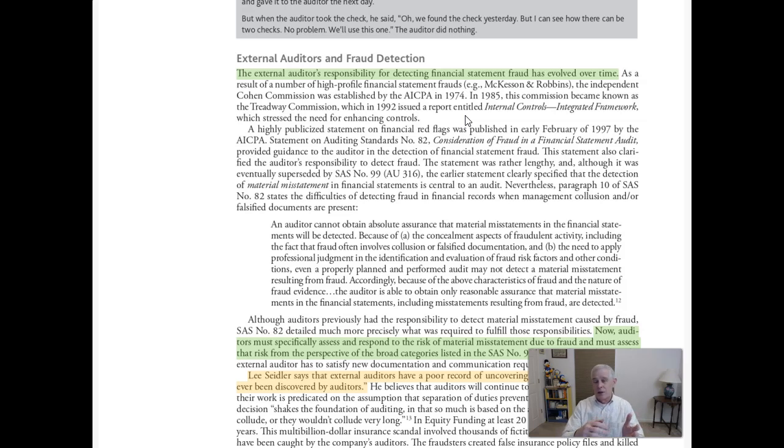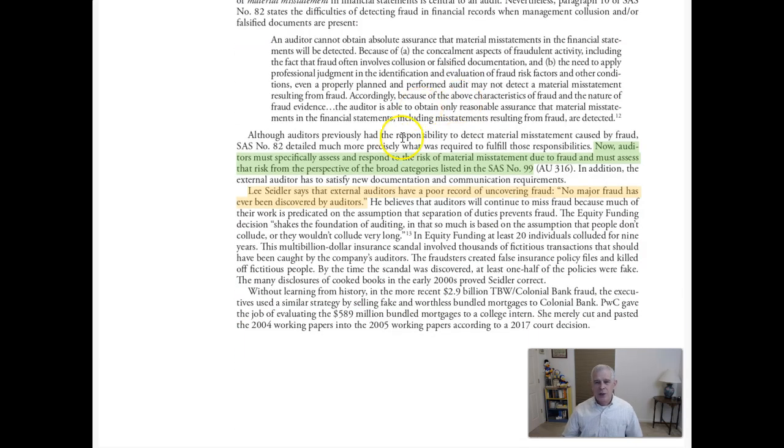So there has been a shift in the last 20 years or so for outside auditors to be skeptical and consider possible fraud, and a lot of people still think if it's there, you still better find it. So it's been a shift over the years. That's what SAS 99 and Sarbanes-Oxley got into also. Like this sentence here says, external auditors have a poor record of uncovering fraud. In fact, no major fraud has ever been discovered by auditors.